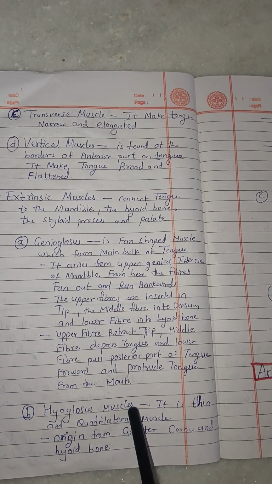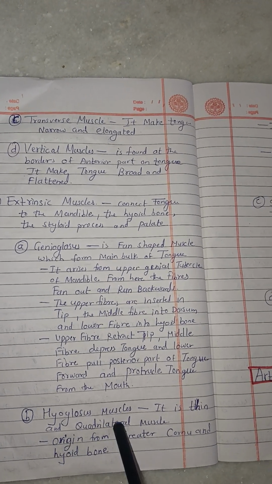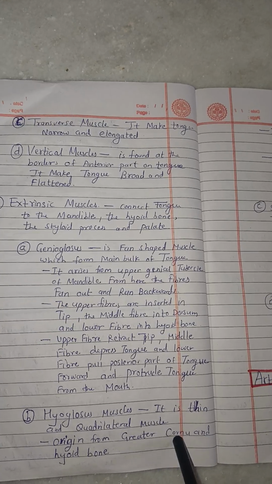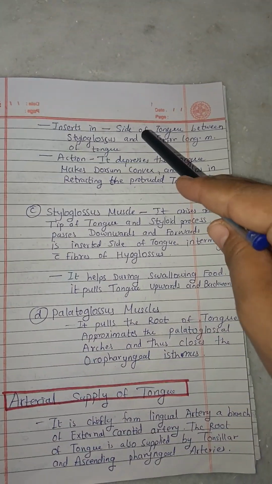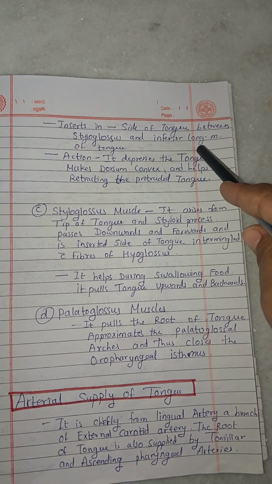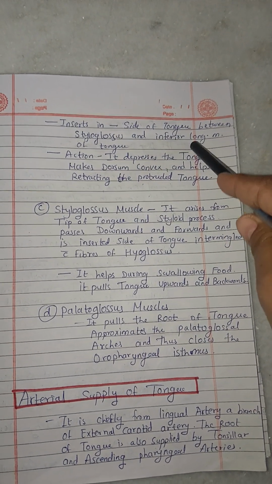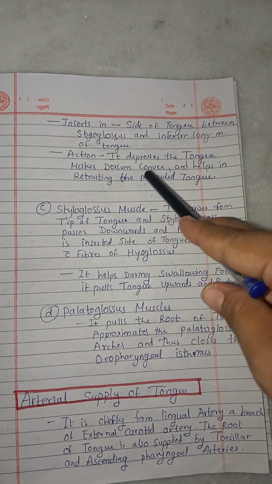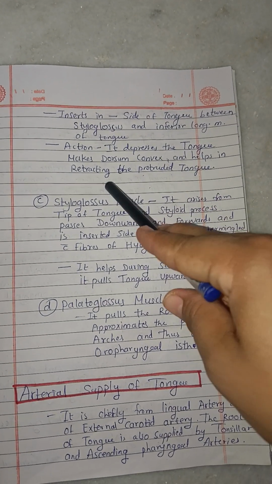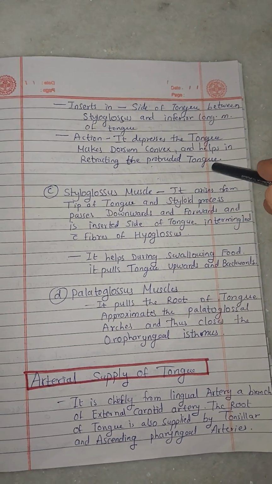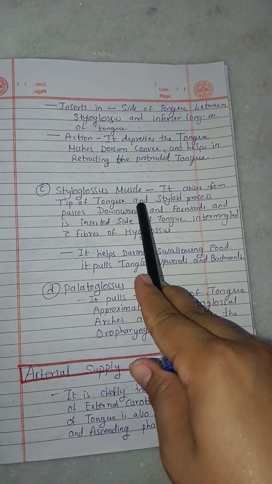Now the hyoglossus muscle. It is a thin, quadrilateral muscle, originating from the greater cornu of the hyoid bone. It inserts in the side of the tongue between the styloglossus and the inferior longitudinal muscle of the tongue. Its action is that it depresses the tongue, makes the dorsum convex, and helps in retracting the protruded tongue. Now we will see the styloglossus muscle.